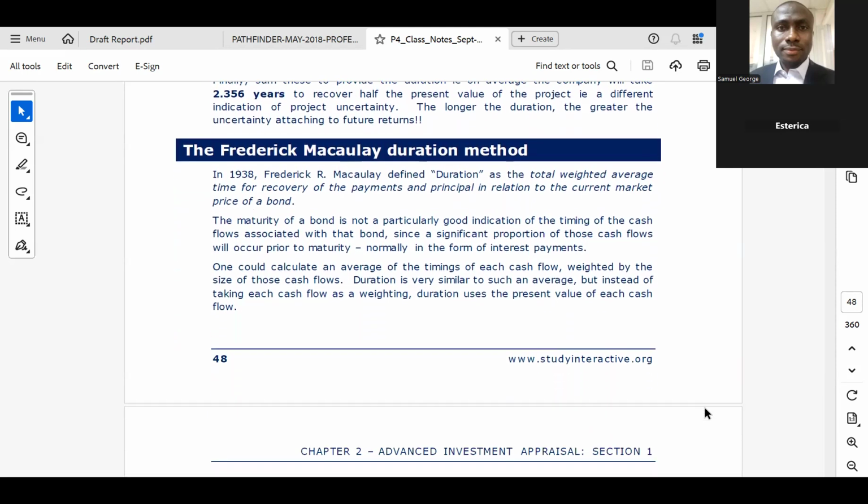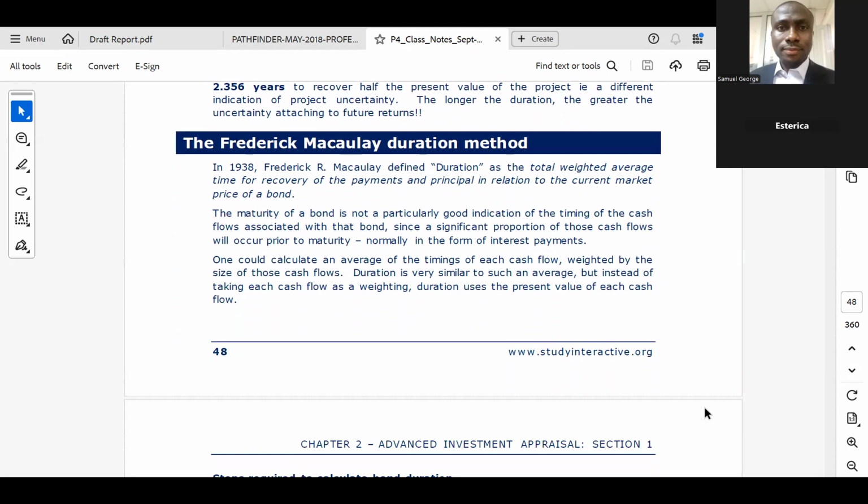Frederick Macaulay is of the opinion that the maturity of the bond is not necessarily the duration, that the duration of the bond is always lower than the maturity, since most of the cash flow attached to the bond would have been recovered before the end of maturity.